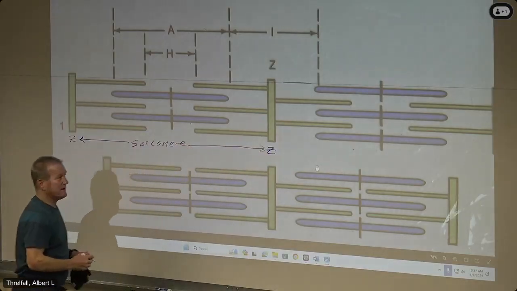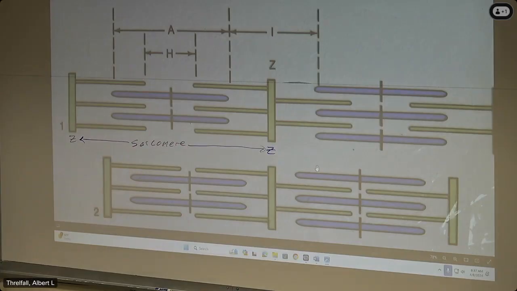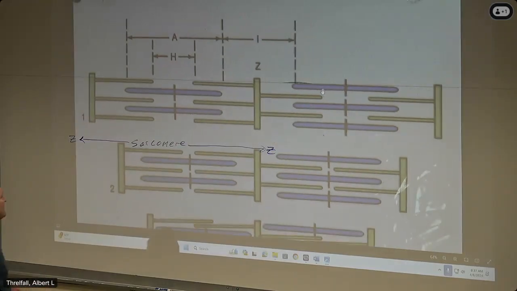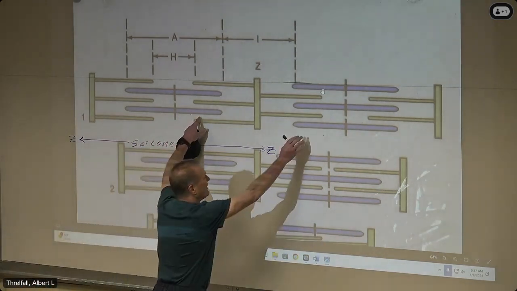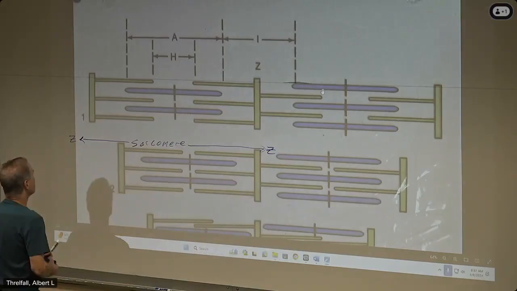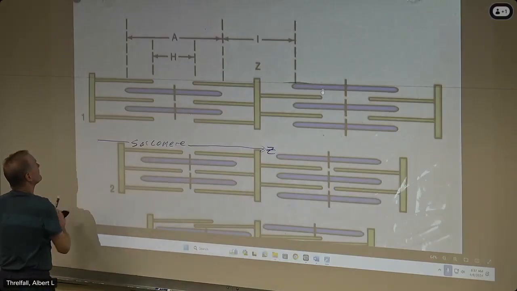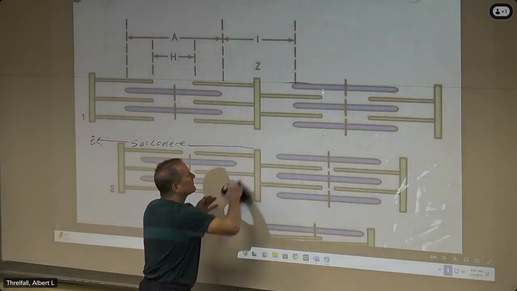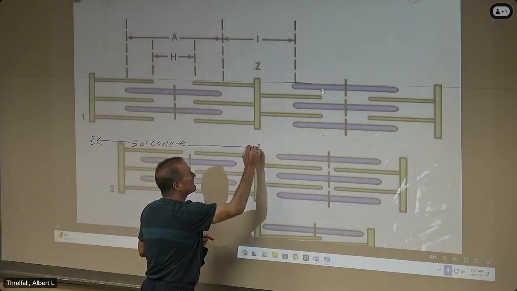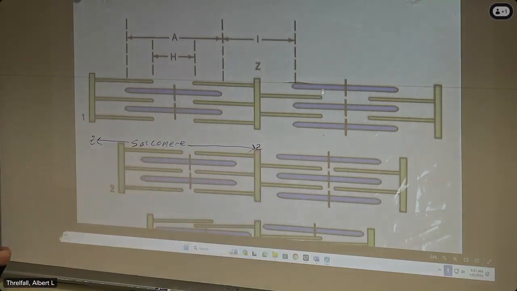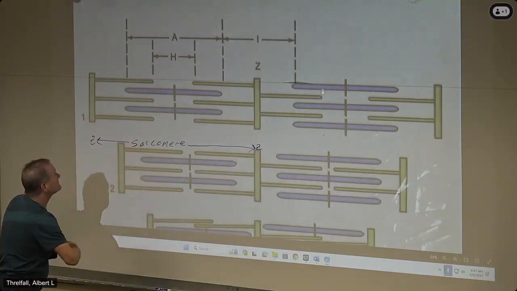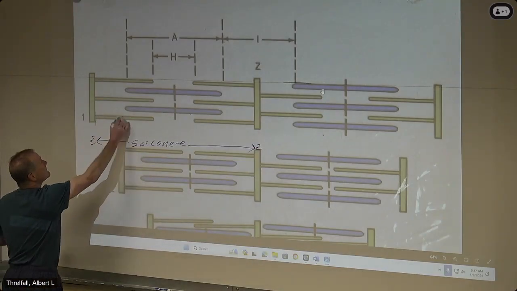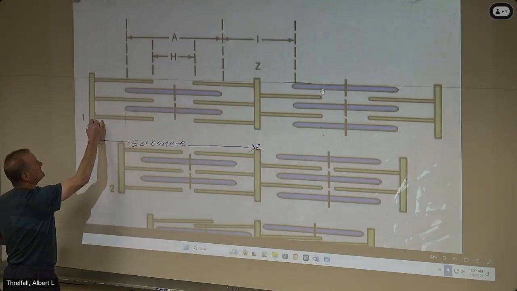They are the boundaries of the sarcomere. Now, in this picture, you can see we actually have two sarcomeres, the one on the left and the one on the right. And we have this area that's just actin.